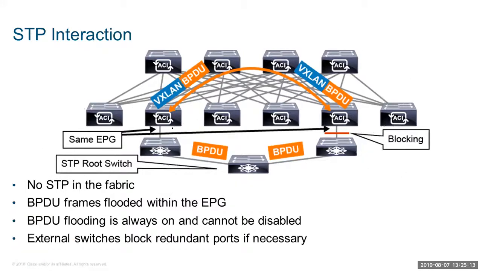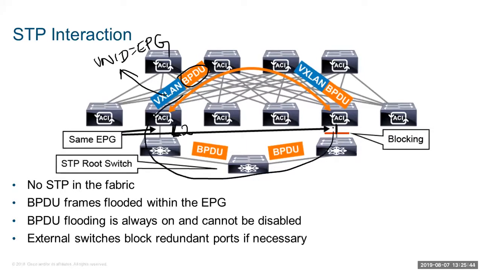By default, the L2 switch is going to examine the frame, notice it's a BPDU, and encapsulate it in a VXLAN header with VNID equal to the EPG. It sends it to every port identified as belonging to this EPG. So in this example, you can see how it gets to this port. So we have a method of making sure spanning tree can prevent loops. It blocks the redundant link.